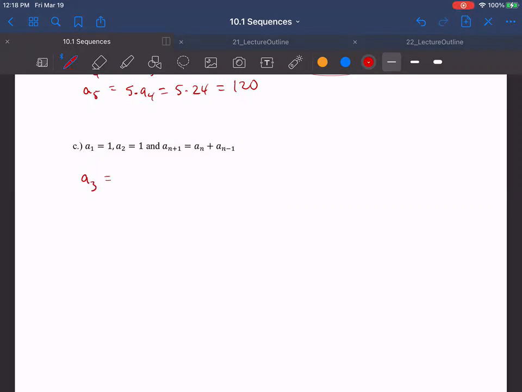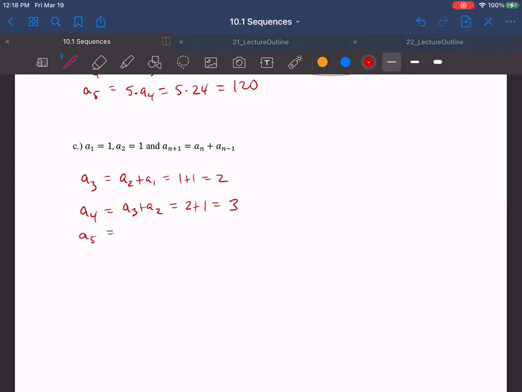A3 is going to be A2 plus A1, which is 1 plus 1, which is 2. A4 is going to be A3 plus A2, which is 2 plus 1, which is 3.